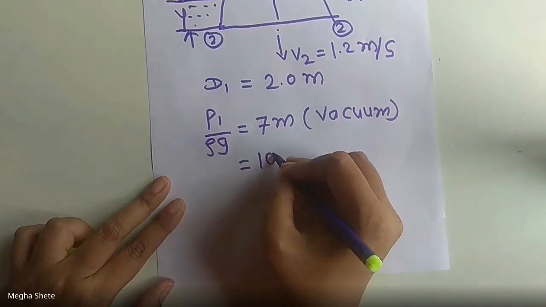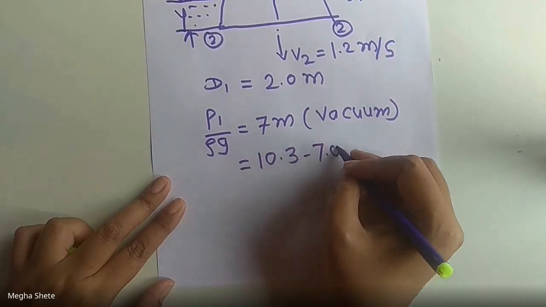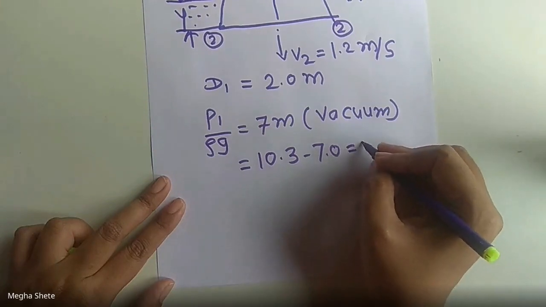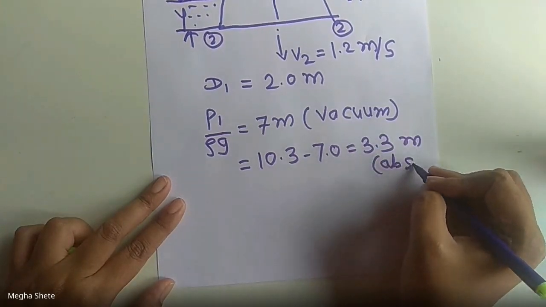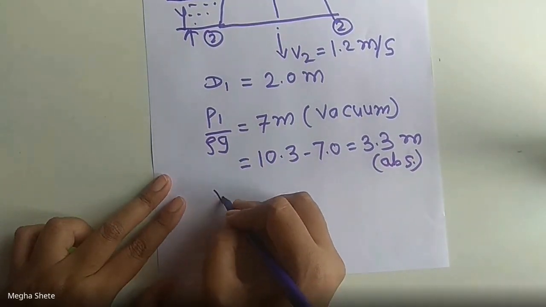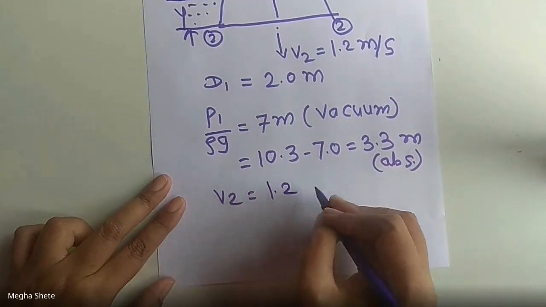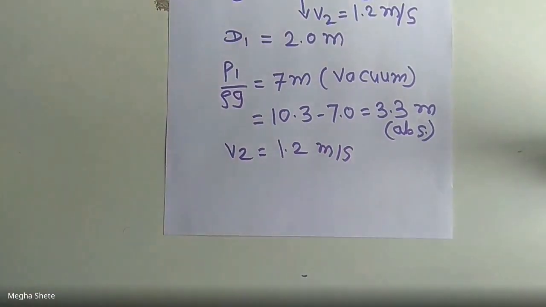Therefore, we subtract it from 10.3: 10.3 minus 7.0 is equal to 3.3 meter, and that is the absolute. Now, velocity at the outlet is equal to 1.2 meter per second.